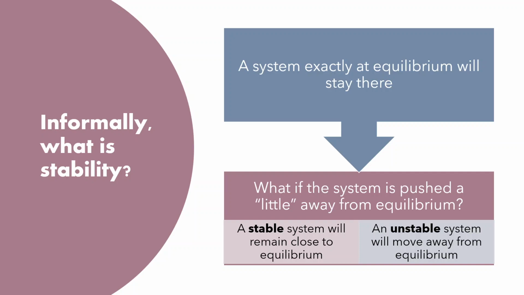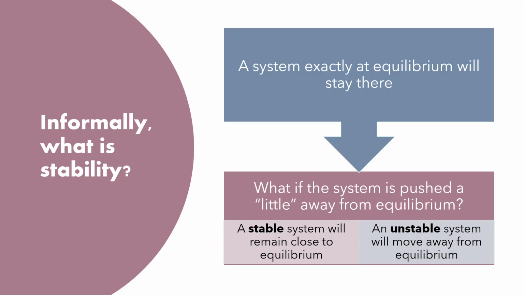And so the question is, well, what happens if I now push that system a little bit away from equilibrium? And where does that push come from? Well, maybe it's a disturbance. Maybe there's a gust of wind or something, or some noise. Maybe I was never actually at equilibrium to begin with. Maybe my measurement device wasn't exactly accurate enough. So I thought I was there, but I wasn't. And so what does my system do?